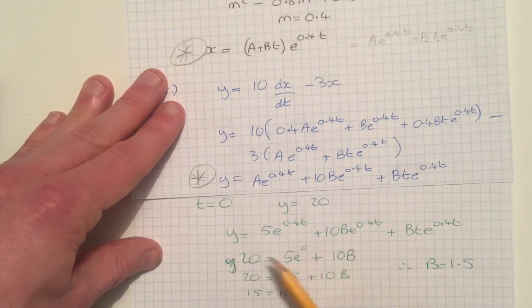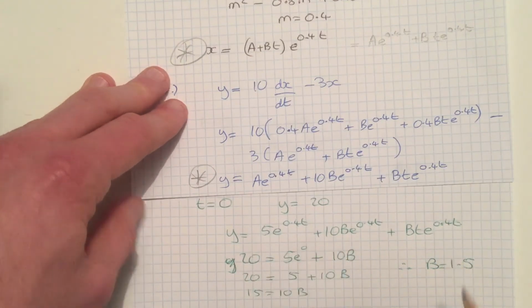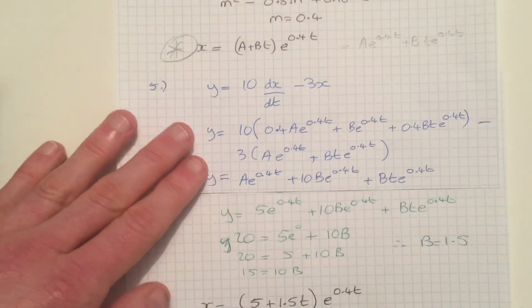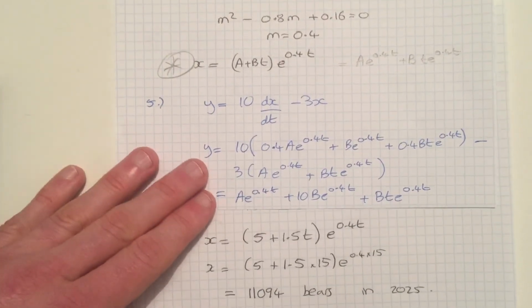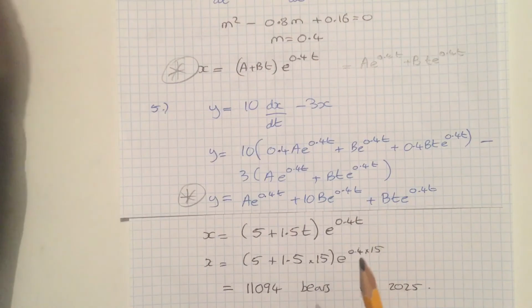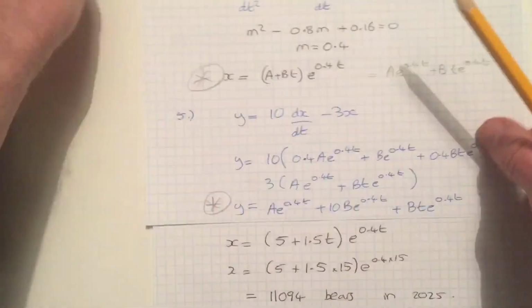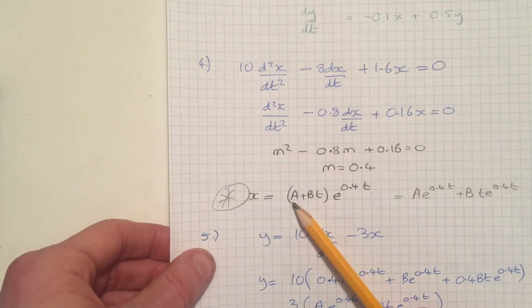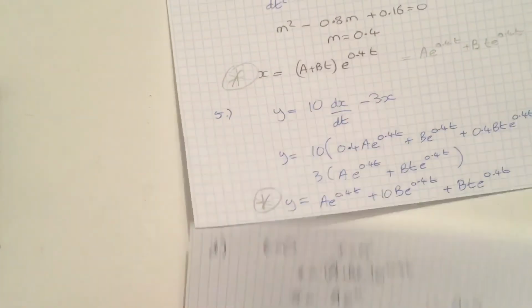This can be solved to get B as 1.5. So I know X in terms of T now, because I've worked out A and B. A was 5, B was 1.5.